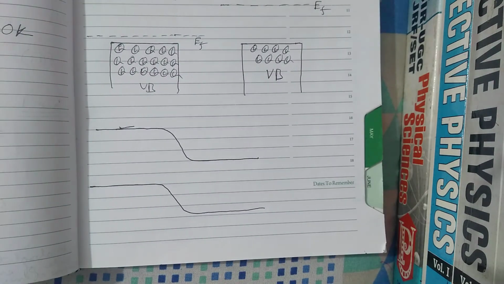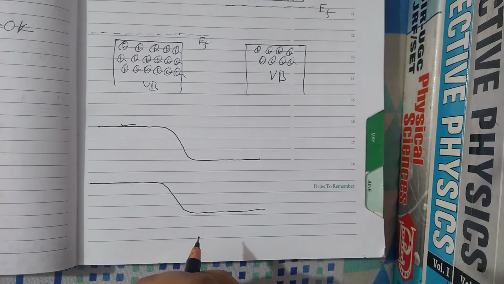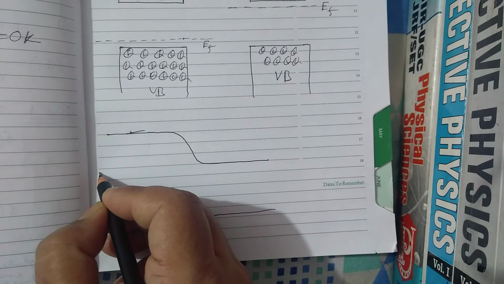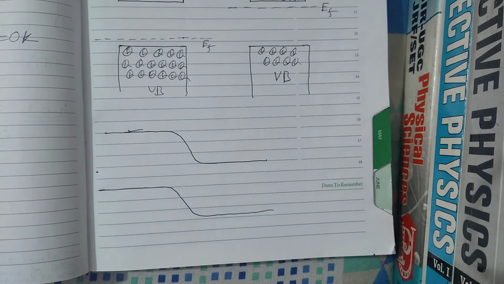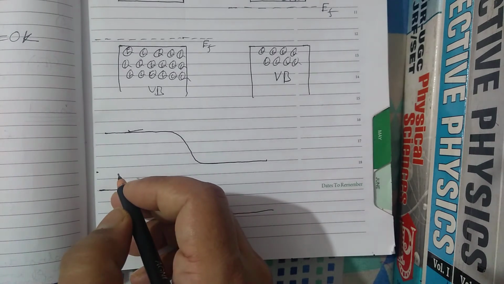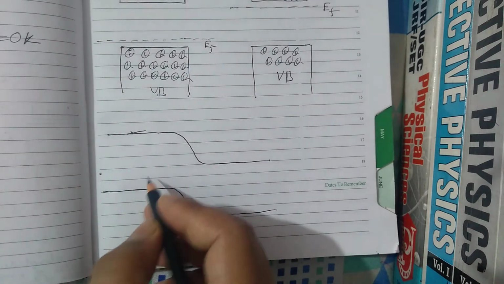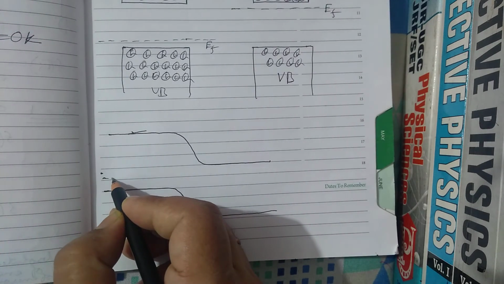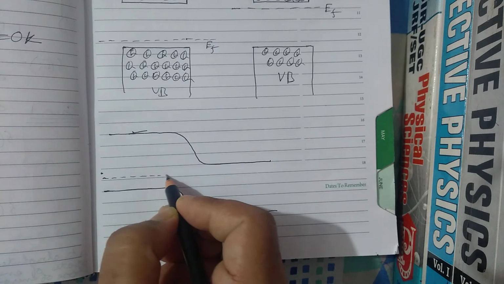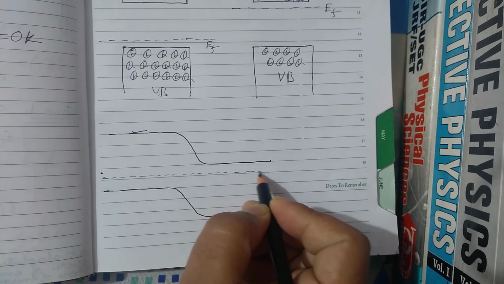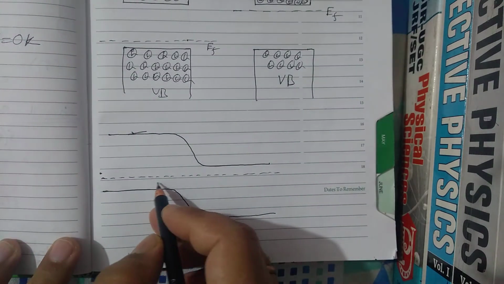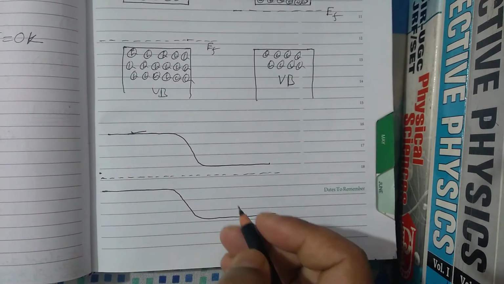Now in this bending, where will the Fermi level lie? Actually, this should have been a little bit up. The Fermi level will be like this. Actually this should have been symmetric.